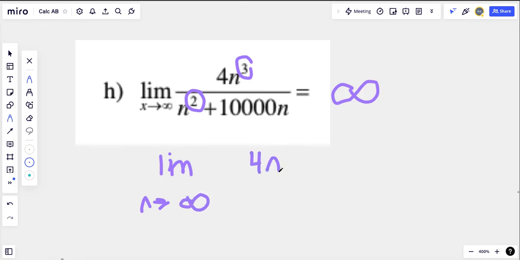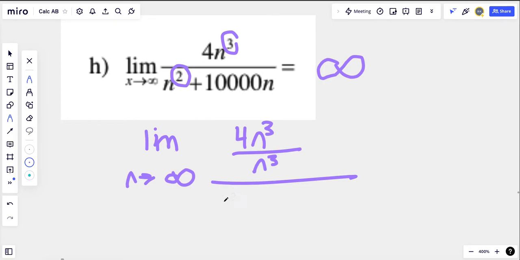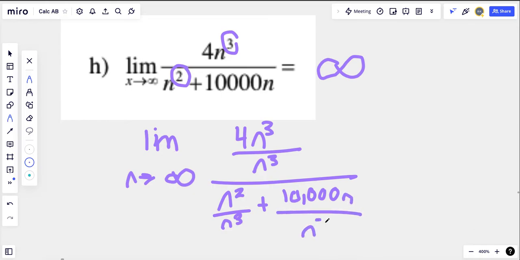So you divide by the highest power, which is, in this case, 3 is the highest power of anything. So you divide by n cubed, and then n squared divided by n cubed plus 10,000 divided by n cubed.